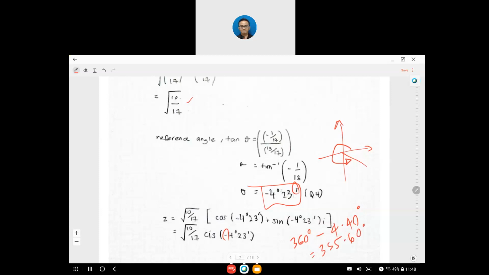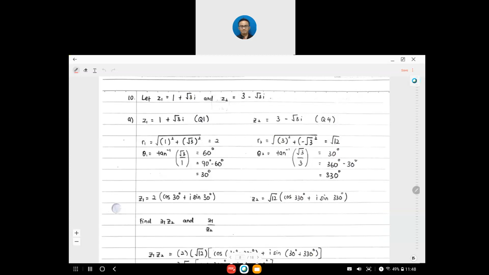Okay, boleh? Question 9, any problem? Now look at question 10. Let Z1 equal to 1 plus square root 3I and Z2 equal to 3 minus square root 3I. A, by expressing Z1 and Z2 in polar form, find Z1 times by Z2 and Z1 divided by Z2.